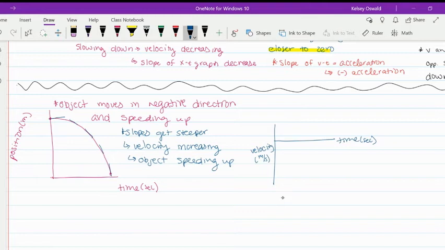So if we look at the slopes that we drew, we can see that they're all going to be negative. That tells us that all of our velocity values are also going to be negative. So we're moving in the negative direction, our velocities are all negative values, so our velocity time graph is going to be below the x-axis.